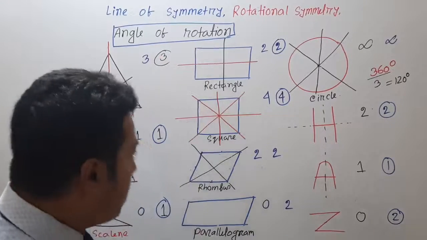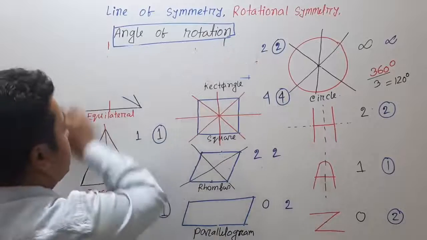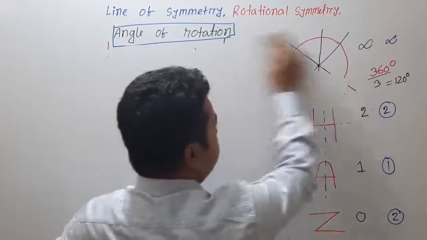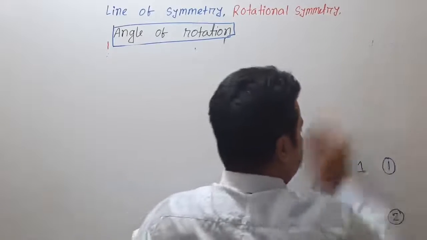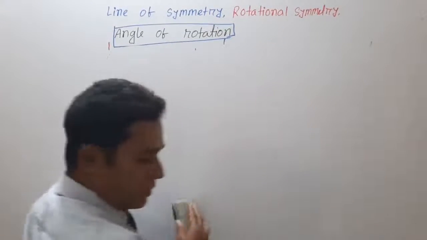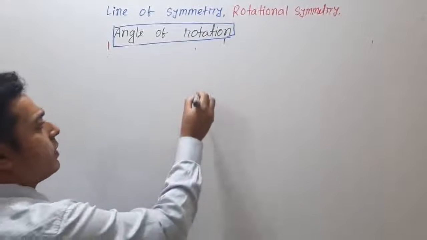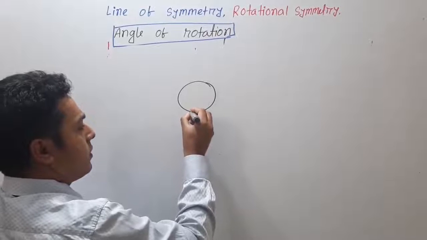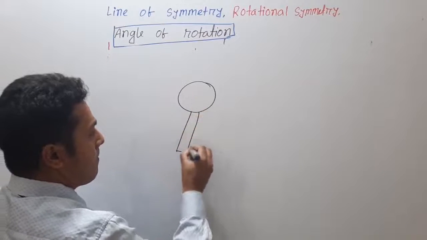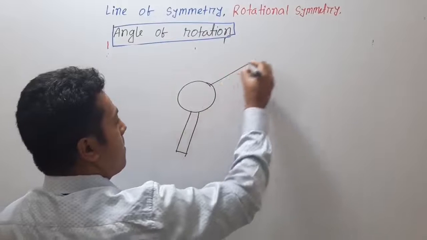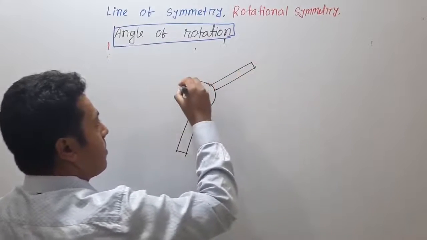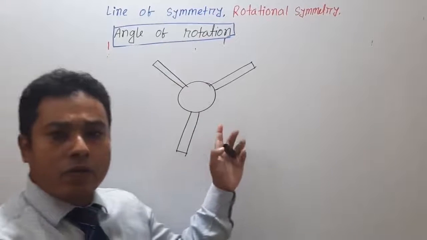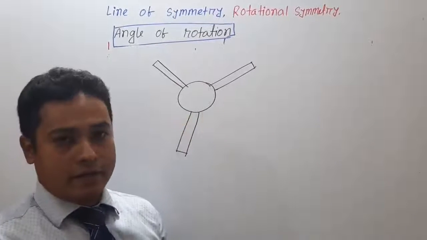Okay, then another shape, just think this is a ceiling fan with 3 blades.